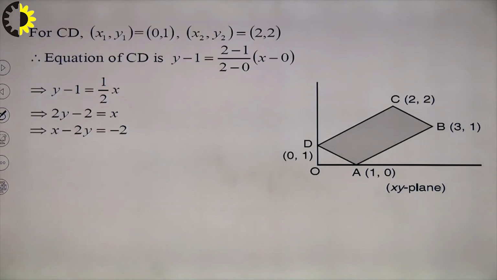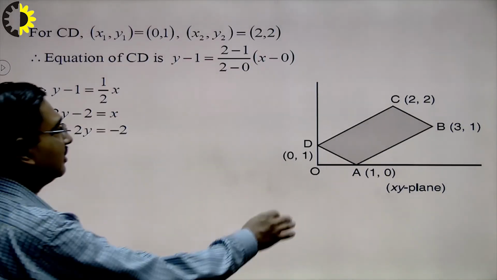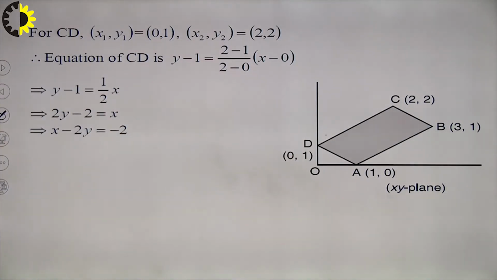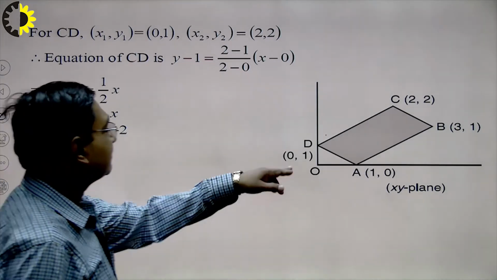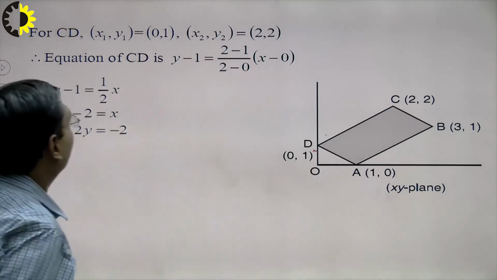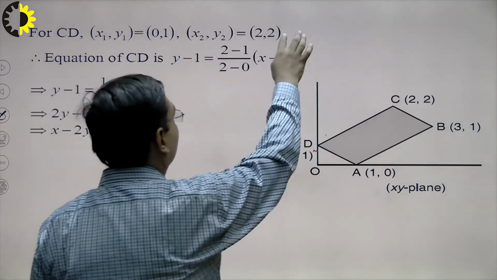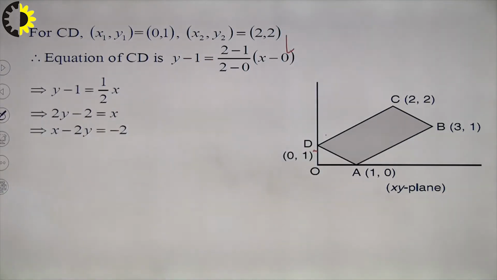Now, we find the equation of this line CD. For CD, x1 y1 is 0, 1 and x2 y2 is 2, 2.